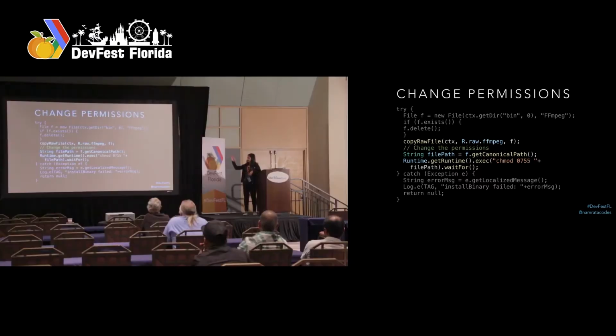So this is an example code blob that I was using in my WeatherGIF app. And here I'm just copying the FFmpeg binary that I store in the raw folder into another folder, bin folder in my app. And then I'm changing the permissions to 755.